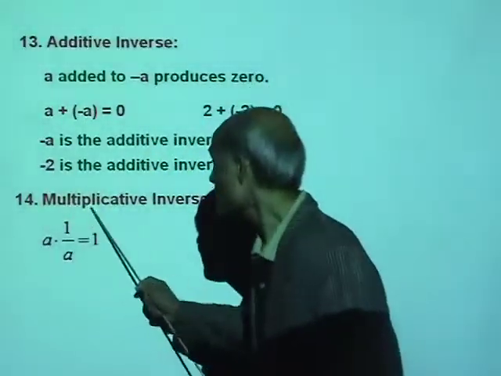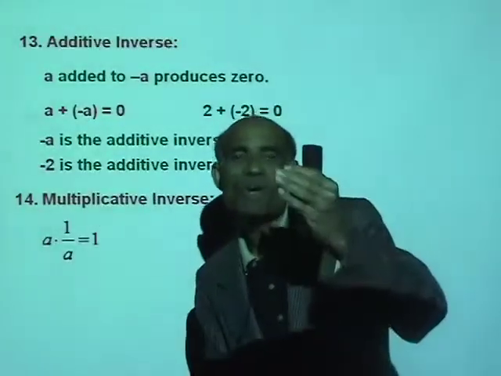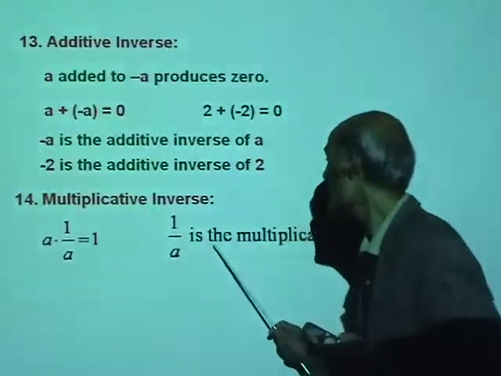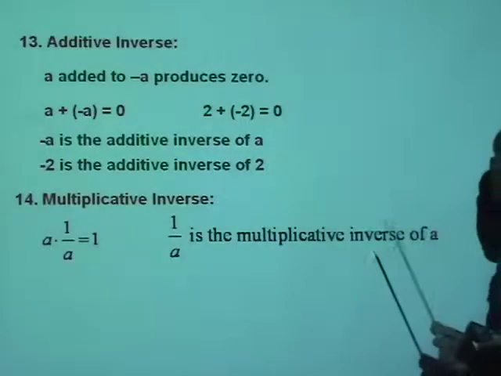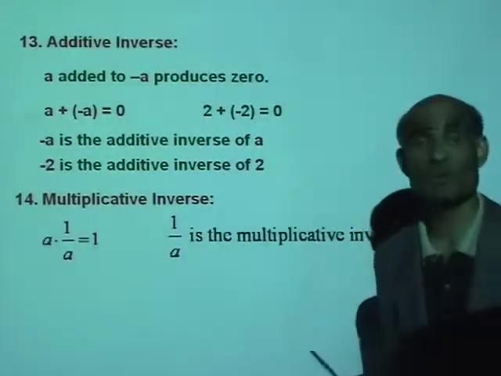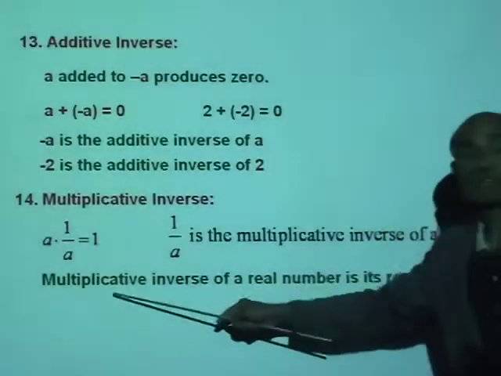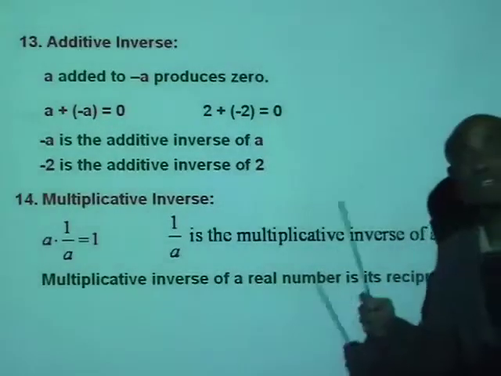And so multiplicative inverse is actually the reciprocal of a real number. 1 over A is the multiplicative inverse of A, which you also know as the reciprocal of A. So multiplicative inverse of a real number is its reciprocal.